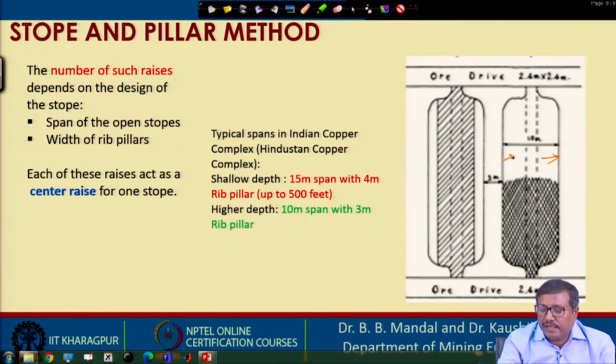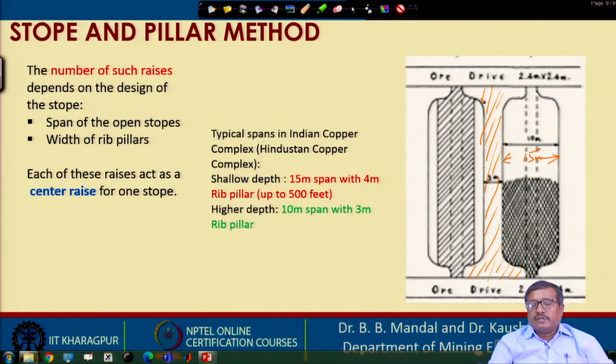Here it is written 10, I will come to that. And this is the rib pillar, this is untouched, this is not used. This part is used for the support, this is the upper level, this is the lower level.